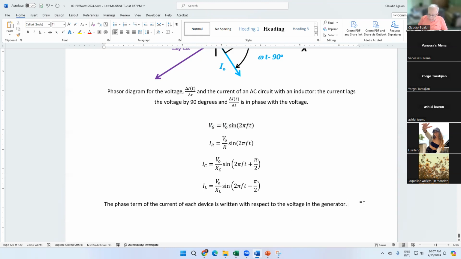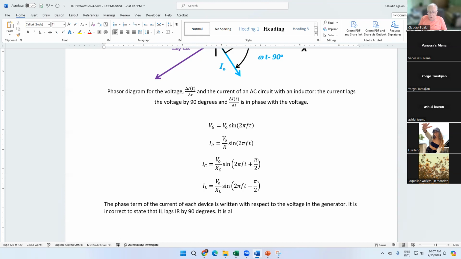I want to emphasize here, it is incorrect to state that IL lags IR by 90 degrees.